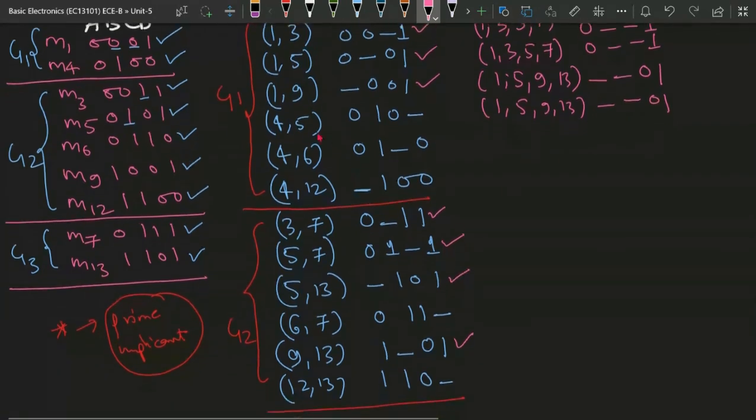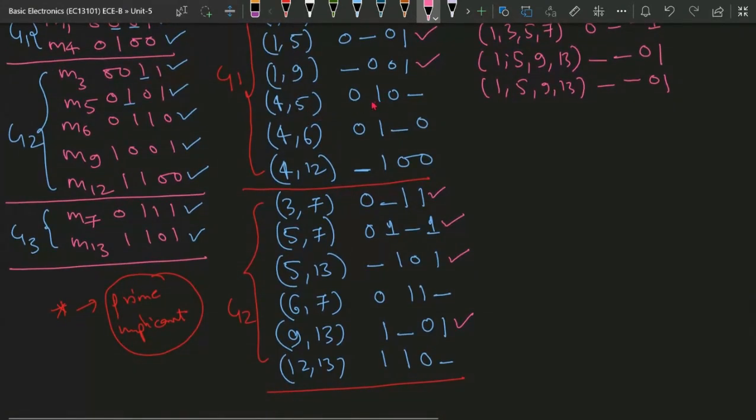Next, we will be looking at 4 5. For 4 5 it is 0 1 0 dash. So we will be searching for this dash in the next group. At the last, we are having two different terms with dash at the last digit or last location. So now we will be comparing. 4 5 is compared with 6 7. This dash dash, this is 1, it is changing.